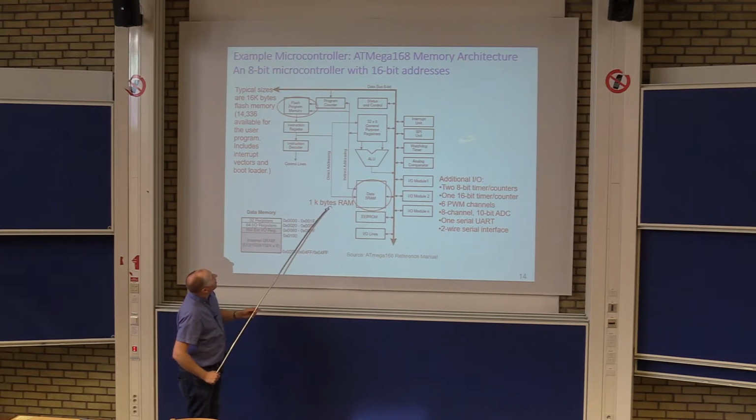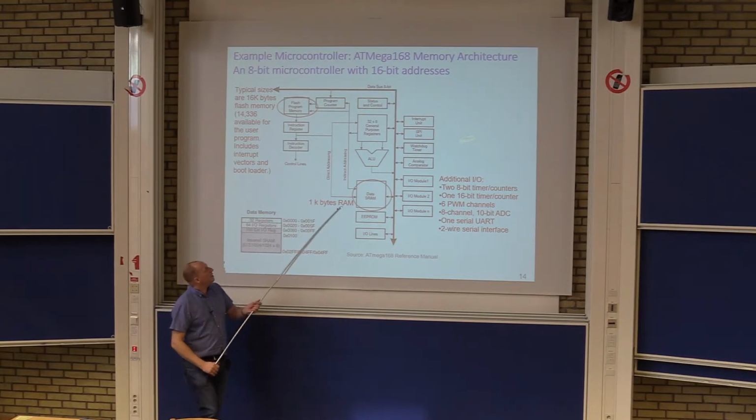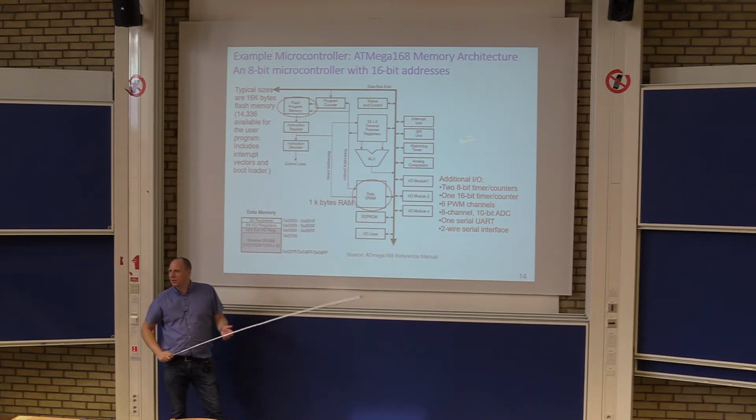And how do you know where in the program you are executing? That is stored in another, you can think of this as another register, called the program counter. It will store the address of which instruction you are currently executing inside the main memory.